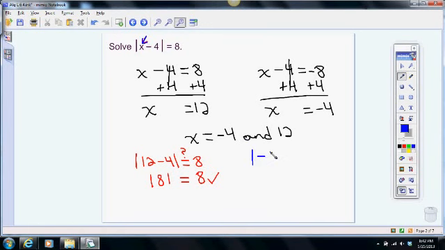The absolute value of negative 4 minus 4, does that equal 8? Negative 4 minus 4, or negative 4 plus a negative 4, that equals negative 8. Is the absolute value of negative 8 equal to 8? Remember, absolute value means distance from 0. So how far away from 0 is negative 8? It's 8, so it works. That's why we can have two different solutions.